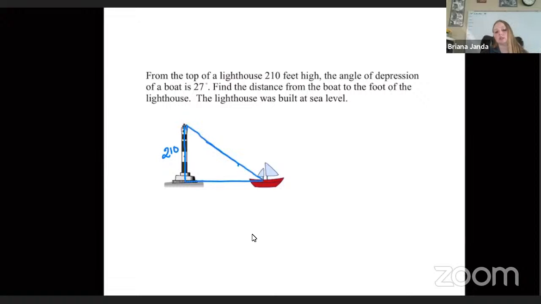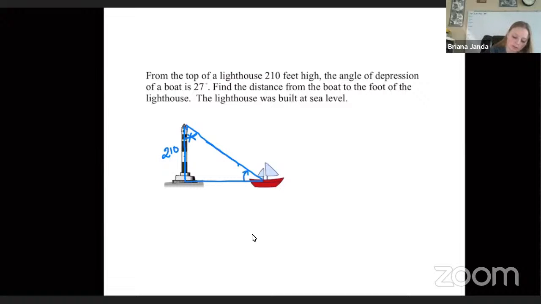But if I do this, none of these angles are an angle of depression. This angle up here is not an angle of depression. It doesn't have a horizontal line. This angle down here goes from a horizontal line up, which would make it an angle of elevation.